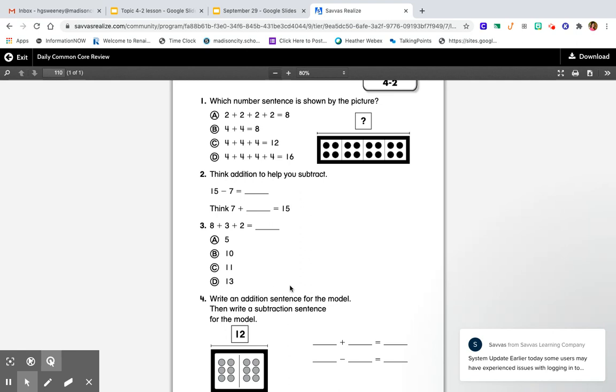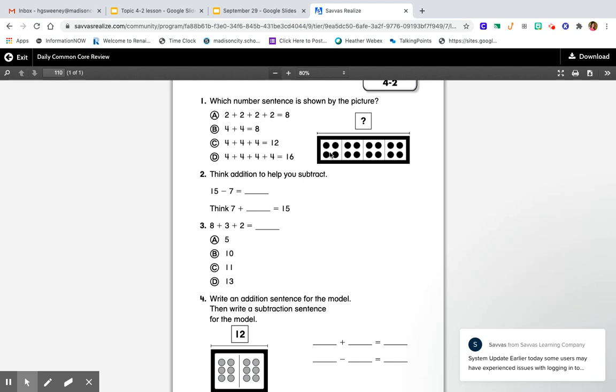Let's look here. In this array, I see 4, 4, 4, 4. So that means I'm going to add up each one of these parts to get the whole. So 4 plus 4 plus 4 plus 4 equals, and that's where we need to see our whole. In choice A, we're adding up 2, but there's 4 in each of these. Choice B, I do see that we're adding 4, but we're only adding up 4 2 times.